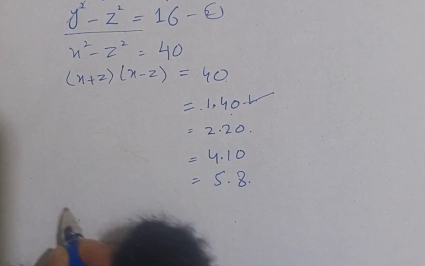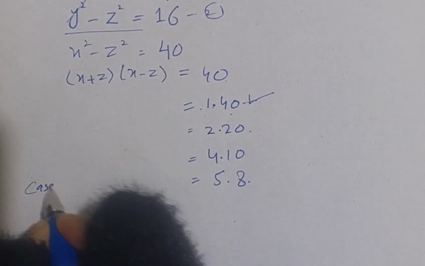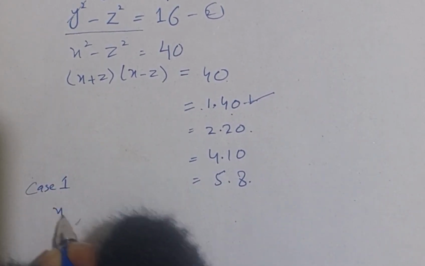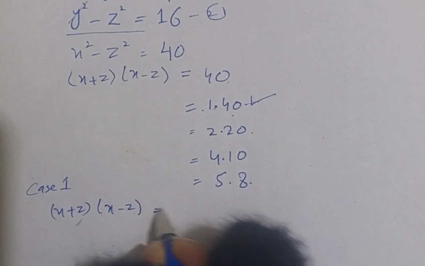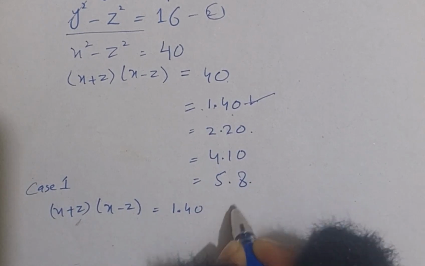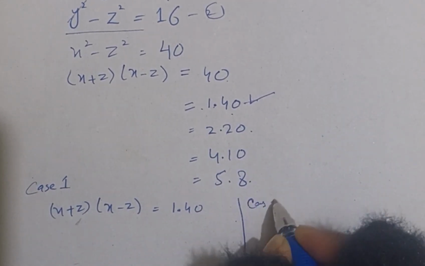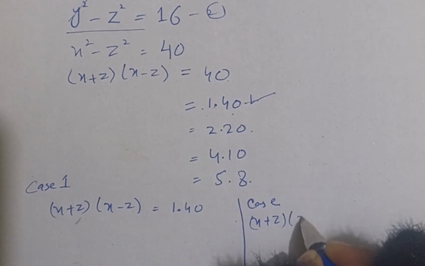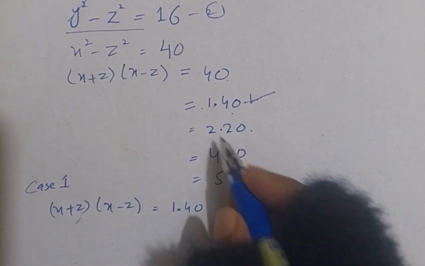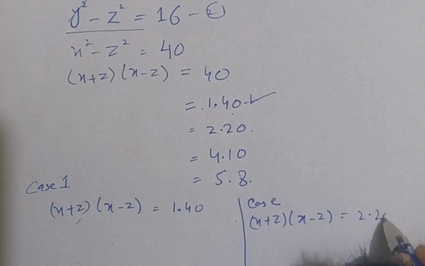Case 1 is x plus z multiply x minus z equal to 1 multiply 40. Case 2 is x plus z multiply x minus z equal to 2 multiply 20.